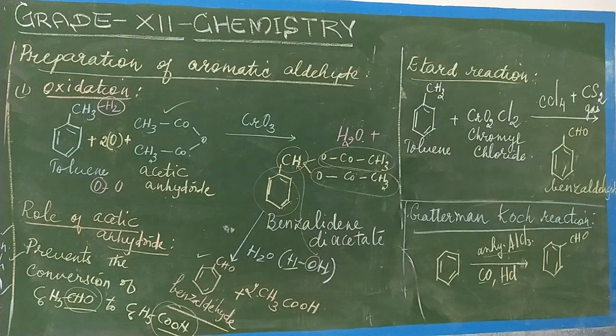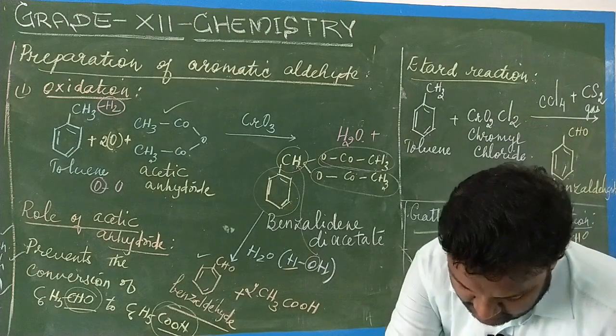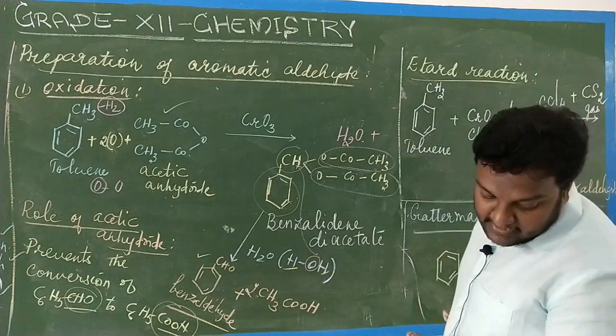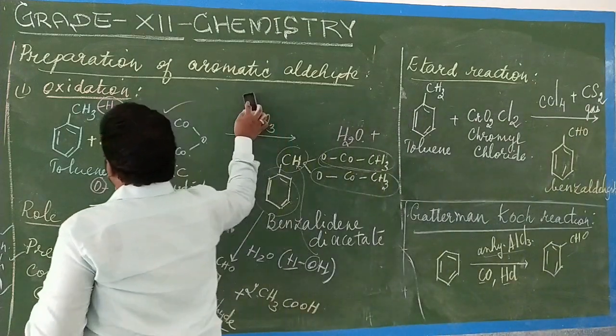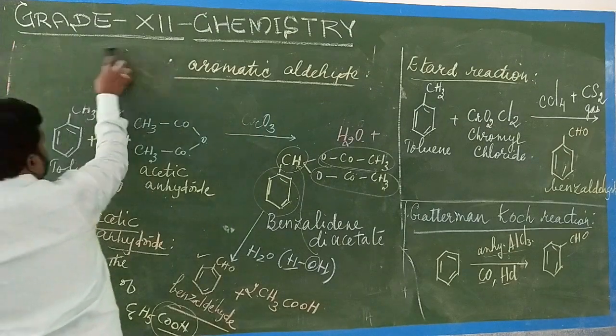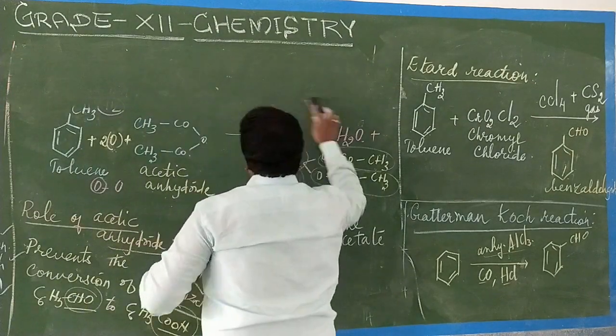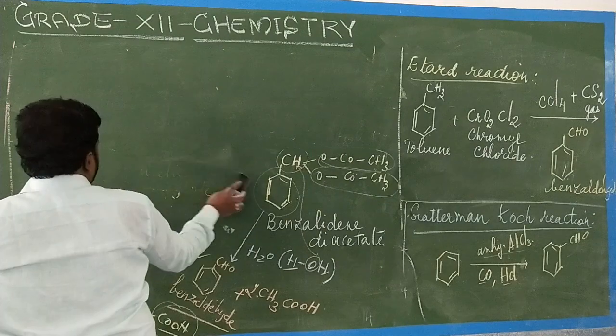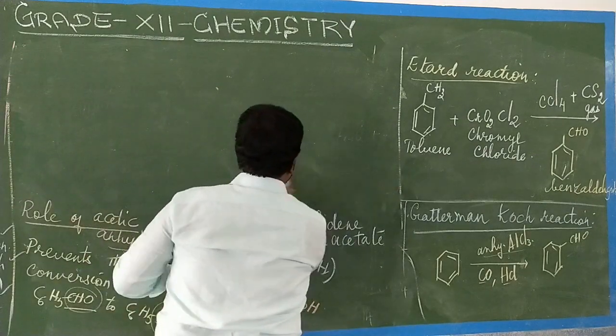And the last reaction we have is the preparation of ketone. The preparation of aromatic ketone is a very simple reaction. So the preparation of aromatic ketone is the last reaction we will see.